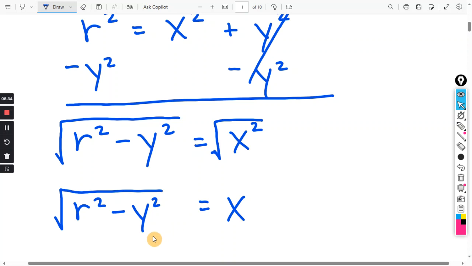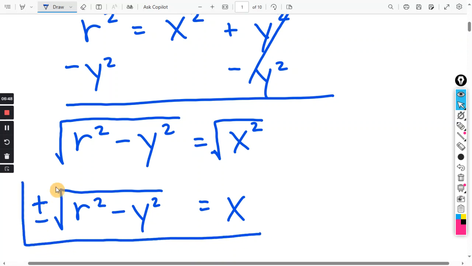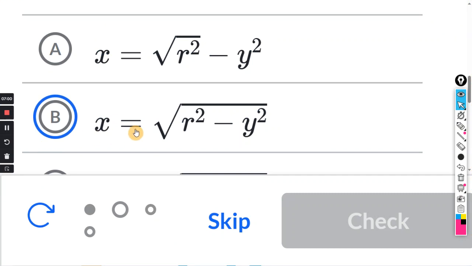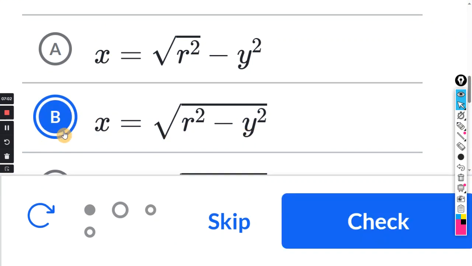And by the way, when you take the square root of both sides, on the solution side, you're supposed to do plus minus. I'm not sure if they're going to have that in the answer, but you're supposed to do plus minus on the solution side. So that right there should be the final answer. X equals radical r squared minus y squared.